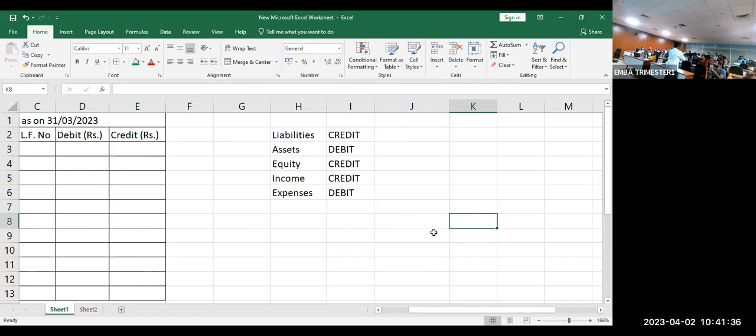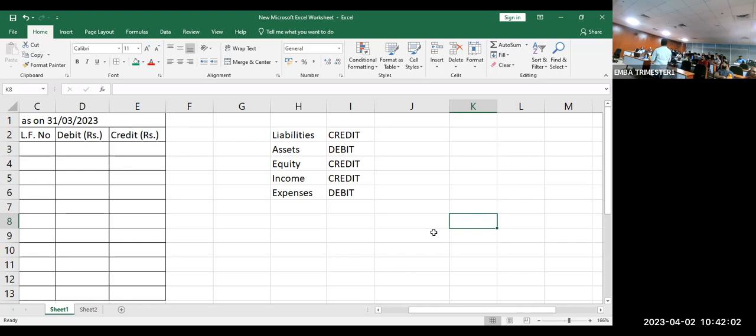Through what mode are you paying? That is an asset. From the bank balance, it is reduced. Because of an expense, your asset is reduced. Because of salary paid, your bank balance came down. So don't confuse these four terms: income, expenditure, assets, liability. I'll give you one more example.